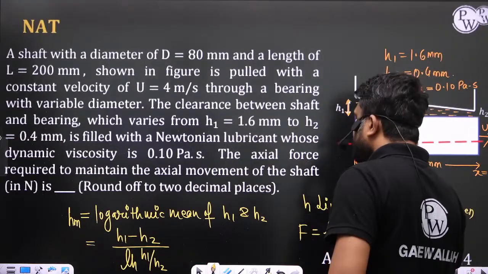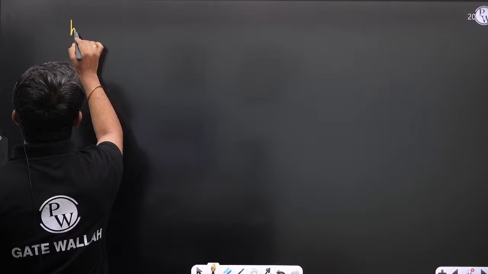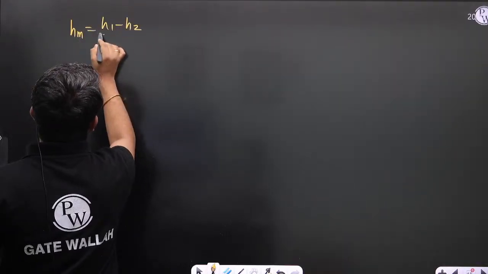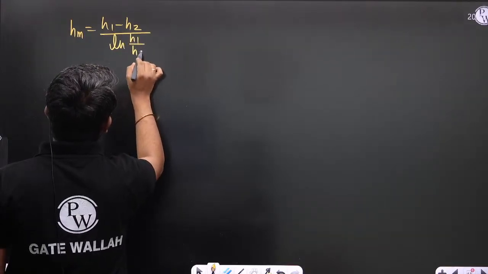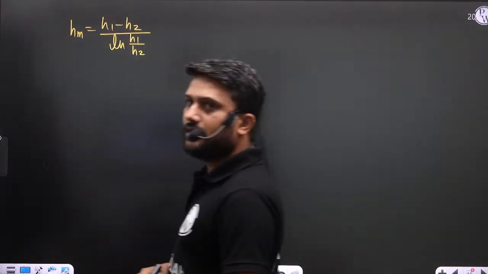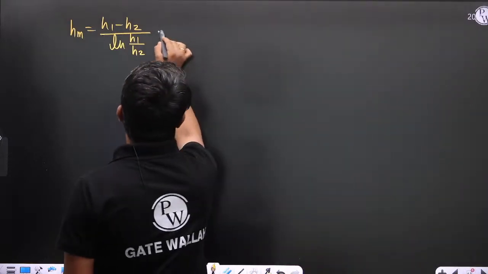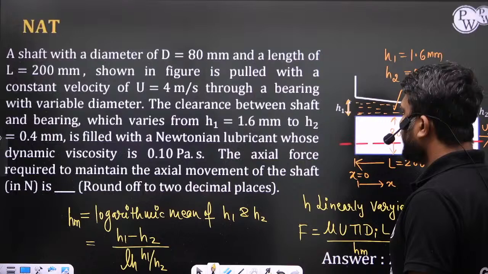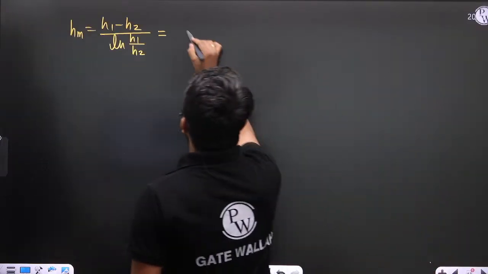Now calculate HM directly. HM is equal to H1 minus H2 divided by natural log H1 by H2, or you can say H2 minus H1 upon natural log H2 by H1. So what is the H1? That H1 is 1.6 millimeter.